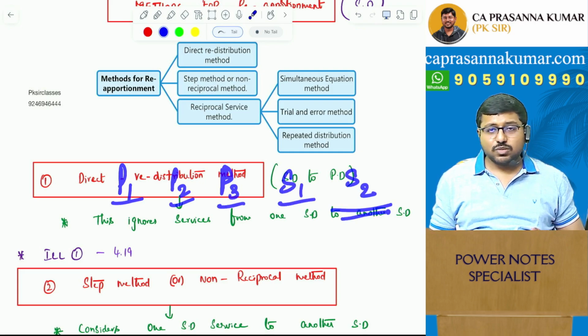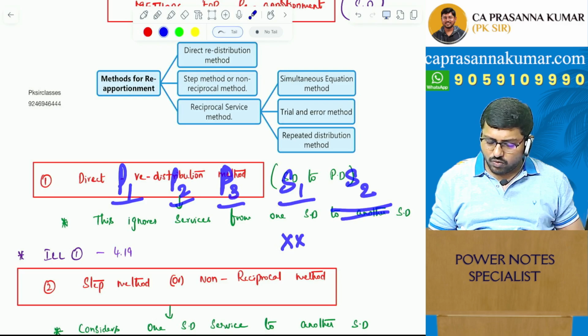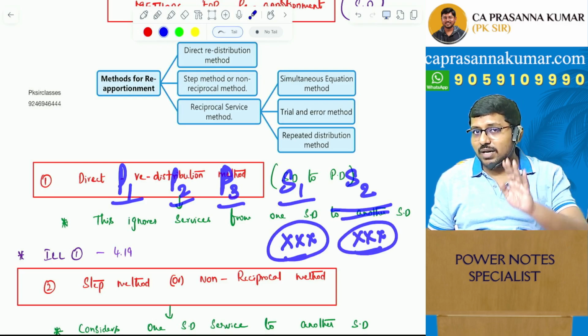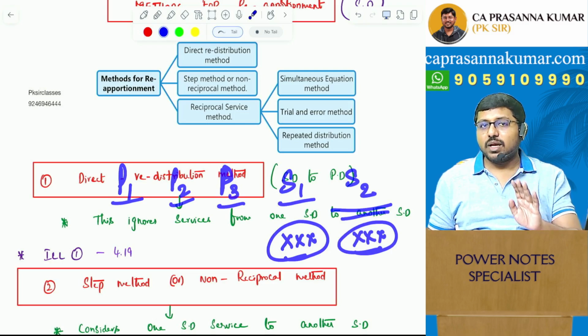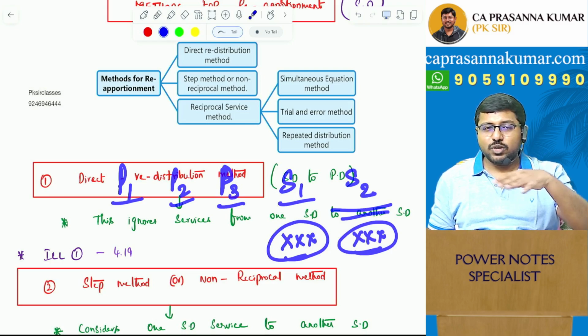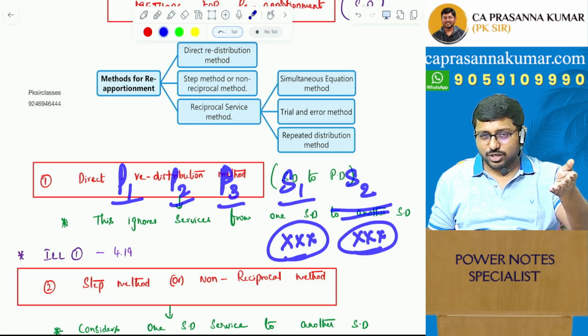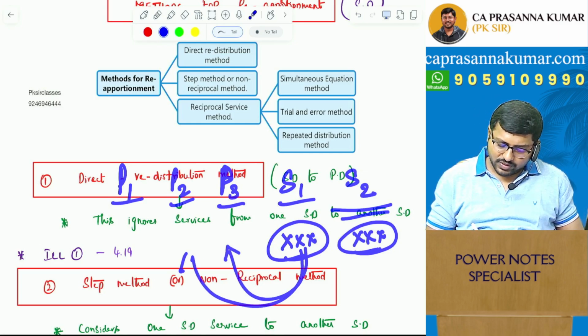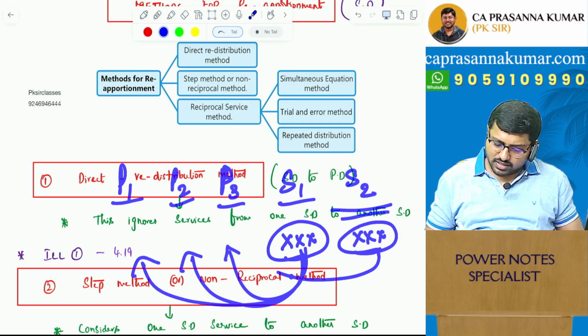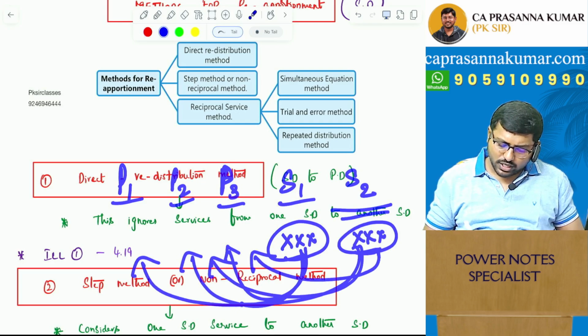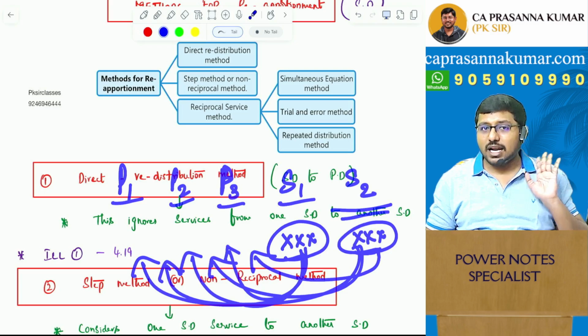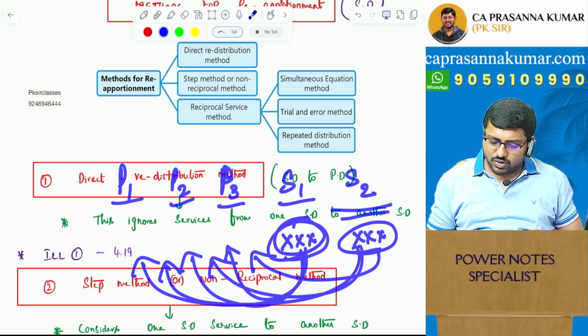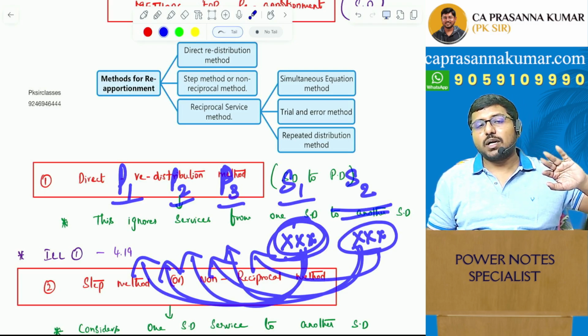In direct distribution method, whatever overheads you have got in the service departments after primary distribution, where you have distributed overheads to all the departments, whether production or service, will be redistributed back to production departments from the service departments on a suitable basis. That's all.